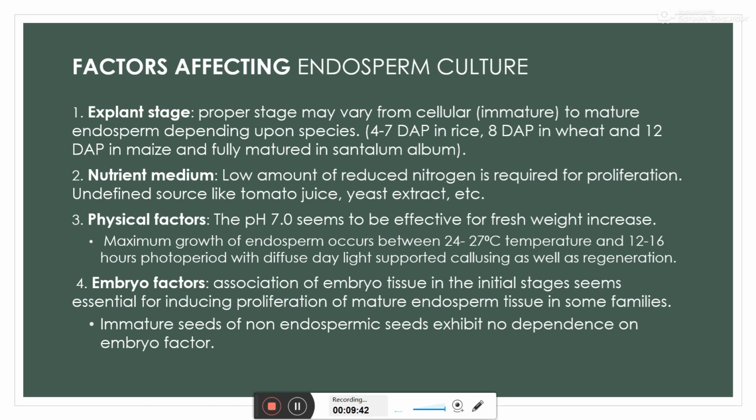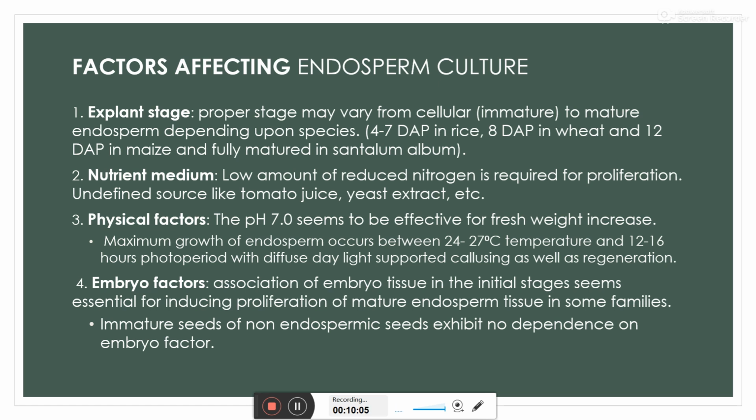We already discussed that in some cases, or in some families, there must be a fixed period of time for the endosperm to respond to the culture. The same thing is said here: the proper stage may vary from cellular to mature endosperm depending upon the species.